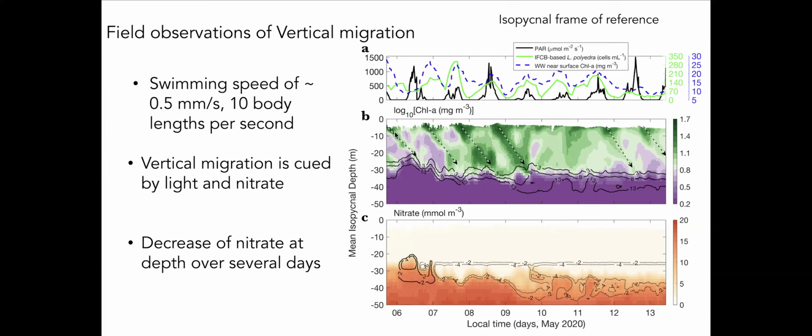Their swimming is quite cool. It is cued by light, their descent phase. So they start swimming downwards, more or less at just around sunset. And the depth of their excursion, these black lines here, is the concentration of inorganic nitrate.